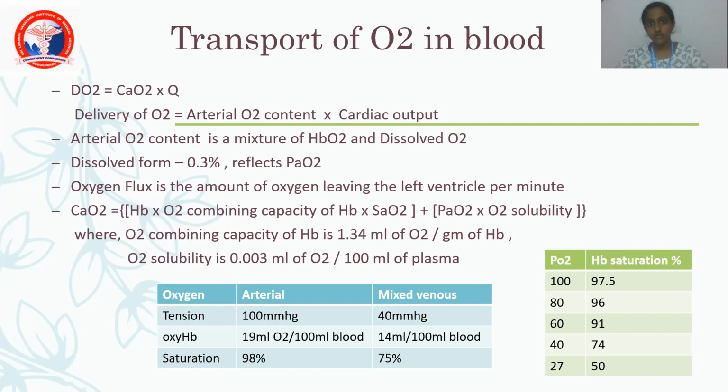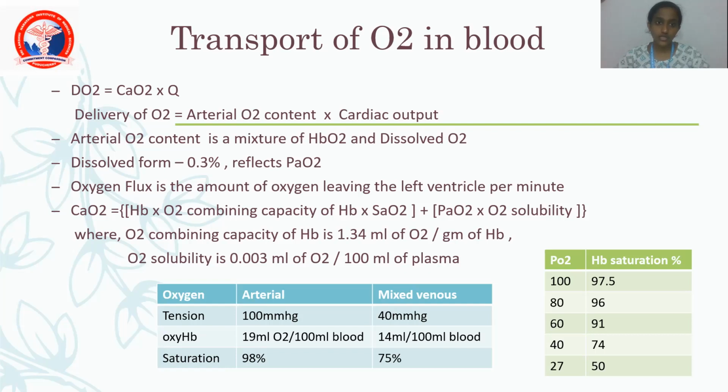the very first step of transport is that oxygen should be taken up from the lungs into the arteries. So the arterial oxygen content is a combination of two different forms. One form is hemoglobin combined with oxygen. Another form is dissolved oxygen.